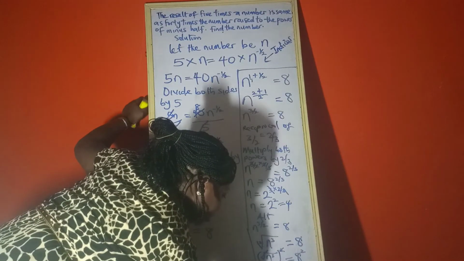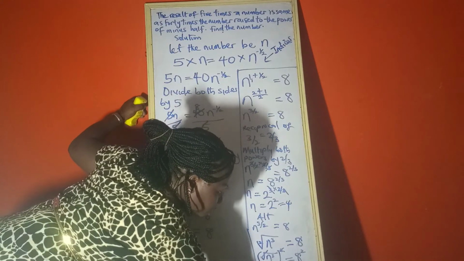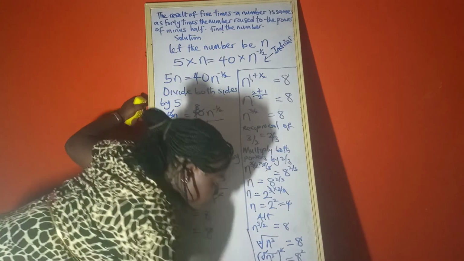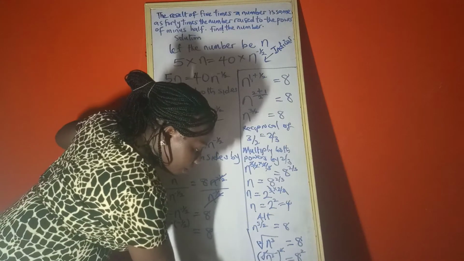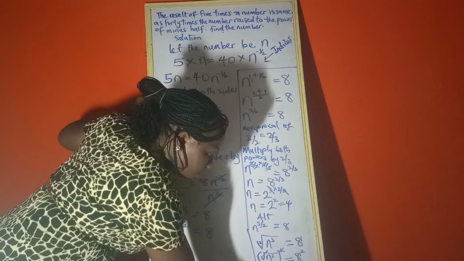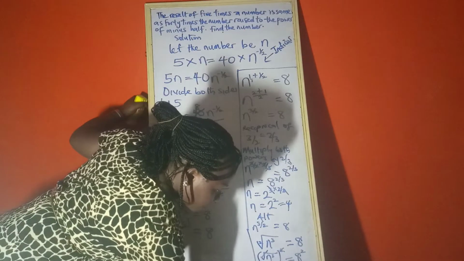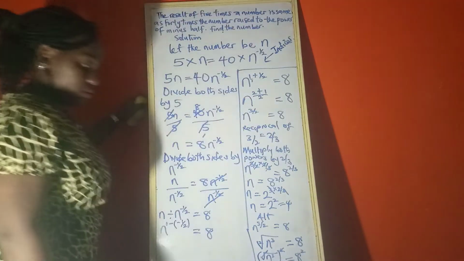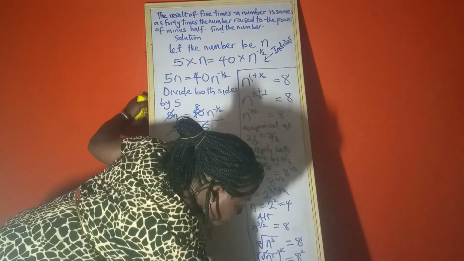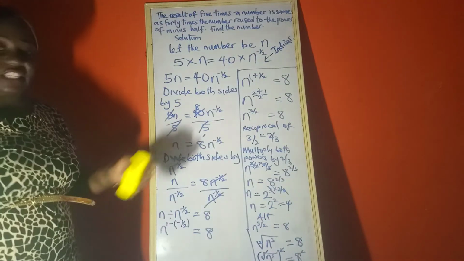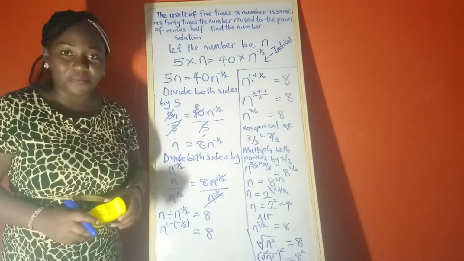I have cube root of n cube equals to the cube root of 64. So the cube and the cube root cut out, and so therefore the cube root of 64 is 4. It's just an alternative method. So eventually we are getting n equal to 4.